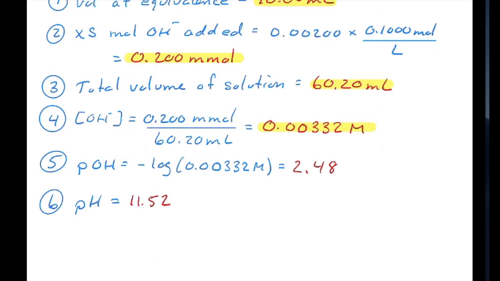So pOH, negative log of the concentration of OH minus, 2.48, and then 14 minus 2.48 to get to the pH of the solution, which is 11.52. So again, makes sense because it should be higher than the previous pH, which was about 9.5. Now we've added even more base, so we should have an even higher pH.